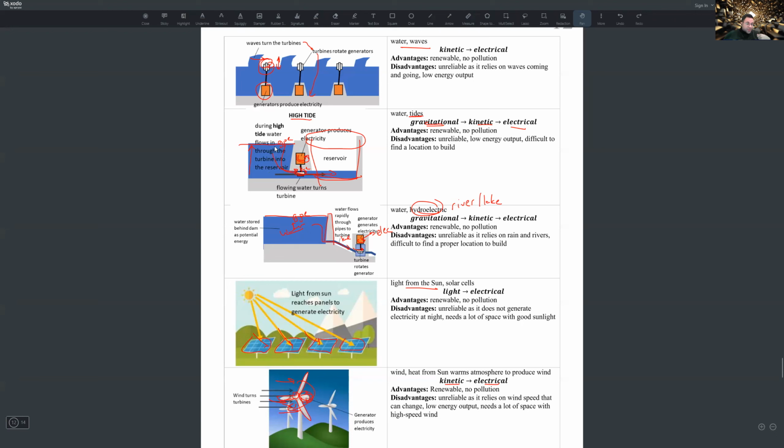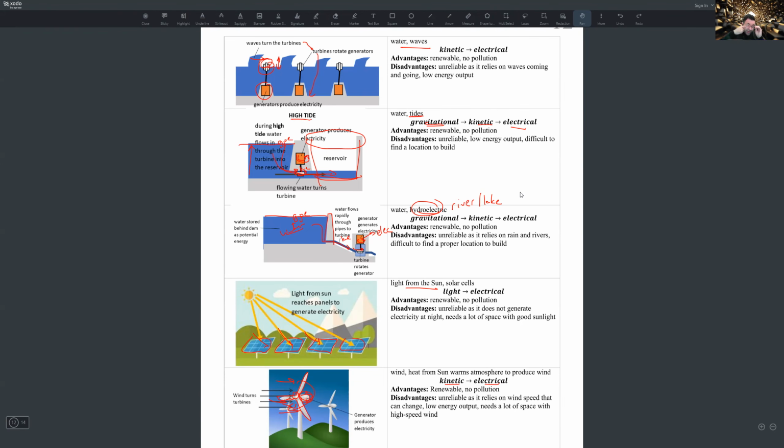High tide and low tide are guaranteed, but they're not going to generate electricity all day, because there are certain times of the day when the tide changes and certain times when it doesn't. So you have to wait. Hydroelectric power stations depend on water coming from a river or lake, which means it depends on rain. If I have a season that isn't very rainy, the water level will drop, so I can't generate electricity.